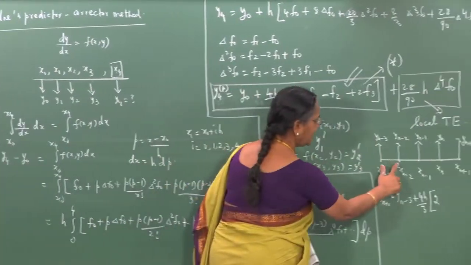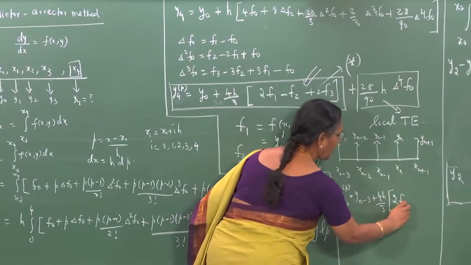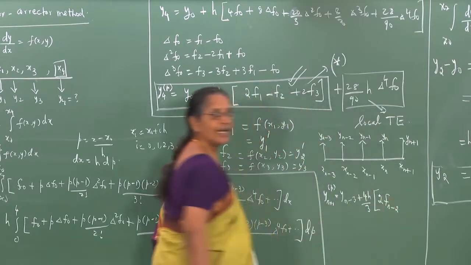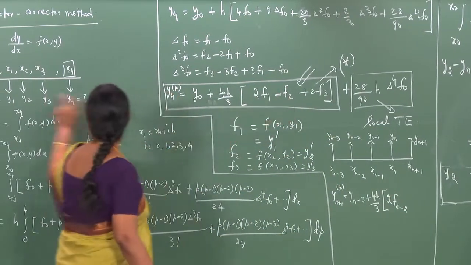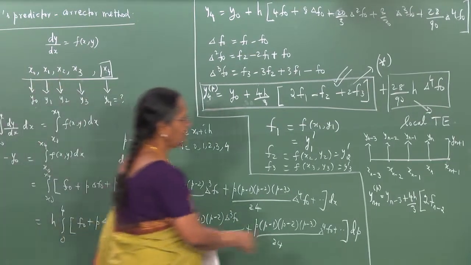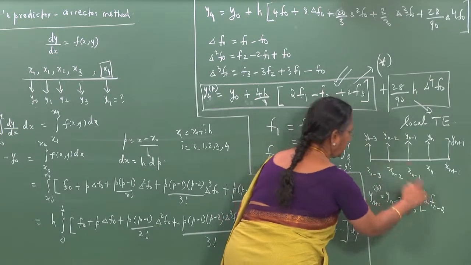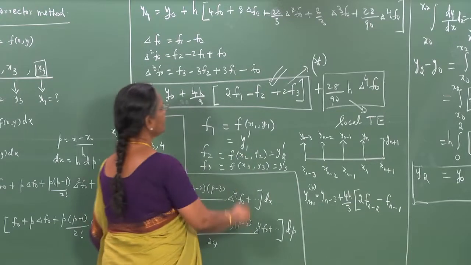So, generalizing, this is going to be f at xn minus 2 yn minus 2, which I call fn minus 2. Then I have minus f2, namely the value of f at x2 y2. So, correspondingly this is going to be minus f at n minus 1.